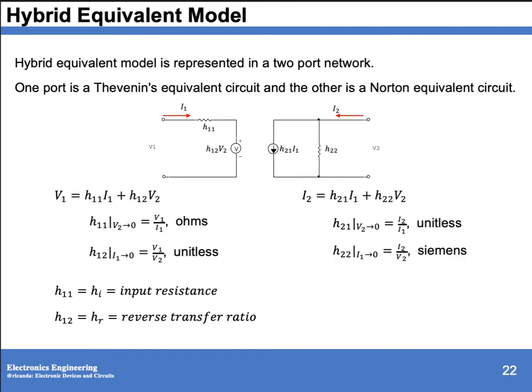So we have what you call your HR, reverse transfer ratio. Then for your H21, we call this one HF. It is equivalent to your forward transfer ratio because we have I2 over I1, where I2 is your output and your I1 is your input. And H22 as HO, or we call that one output conductance.